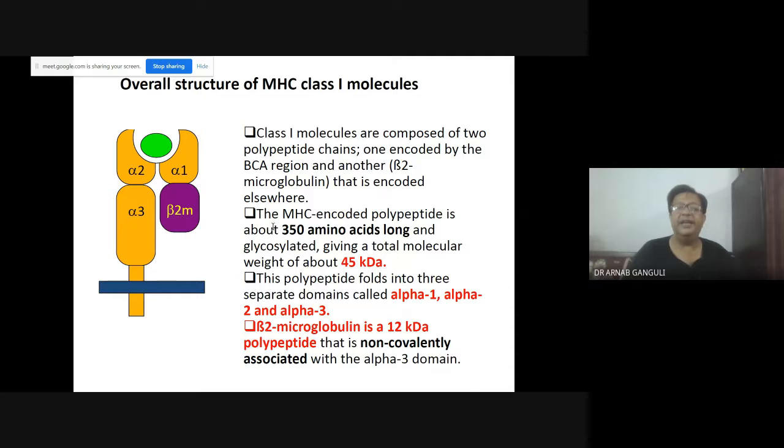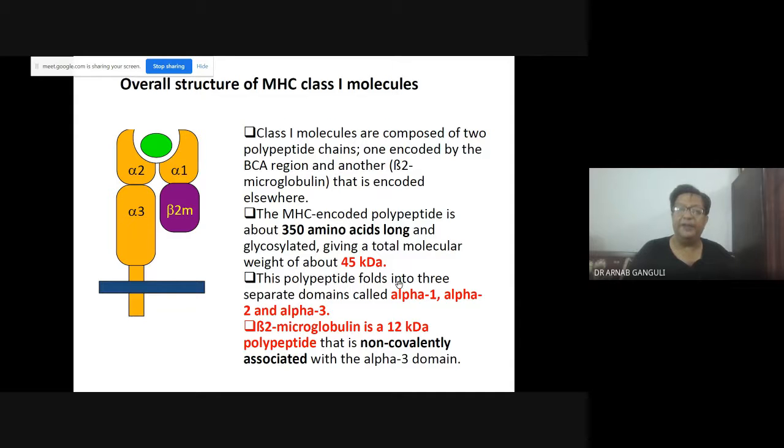This is the MHC encoded polypeptide. It is around 350 amino acids long and glycosylated, giving a total molecular weight of 45 kilodalton.